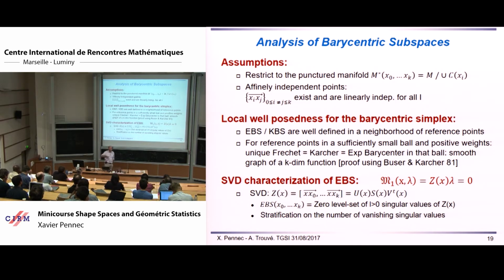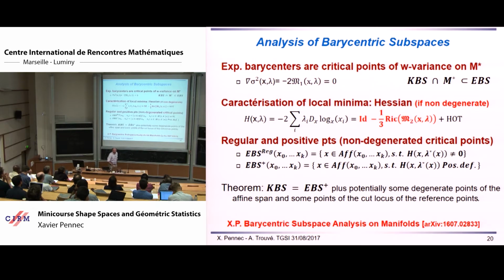And we can have a stratification with the number of singular values. So we can try to investigate the relationship between the different subspaces. The obvious thing is that global minima are local minima, and local minima are critical points.